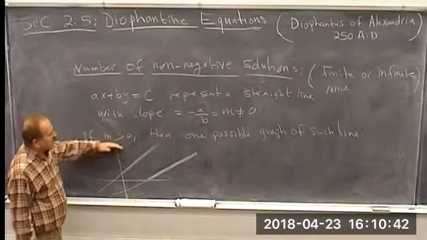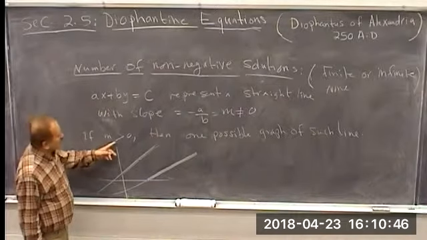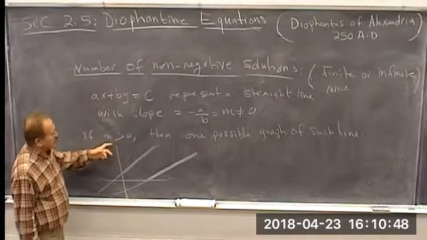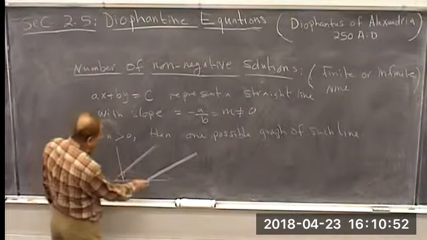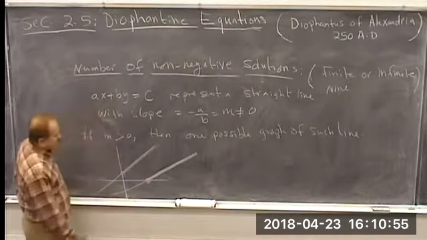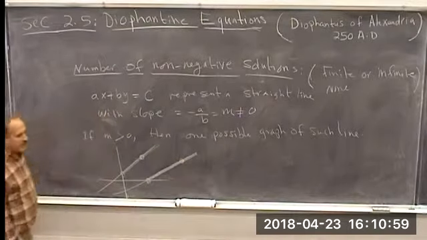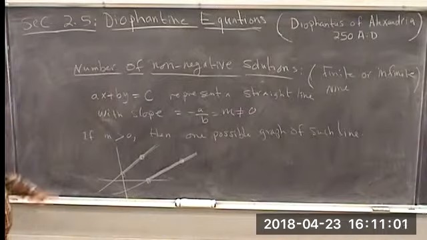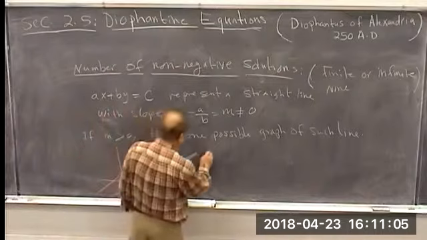And in this case, if there is one non-negative solution, meaning a point of intersection with the coordinate axes or a point on the line which is a lattice point, then there are infinitely many.